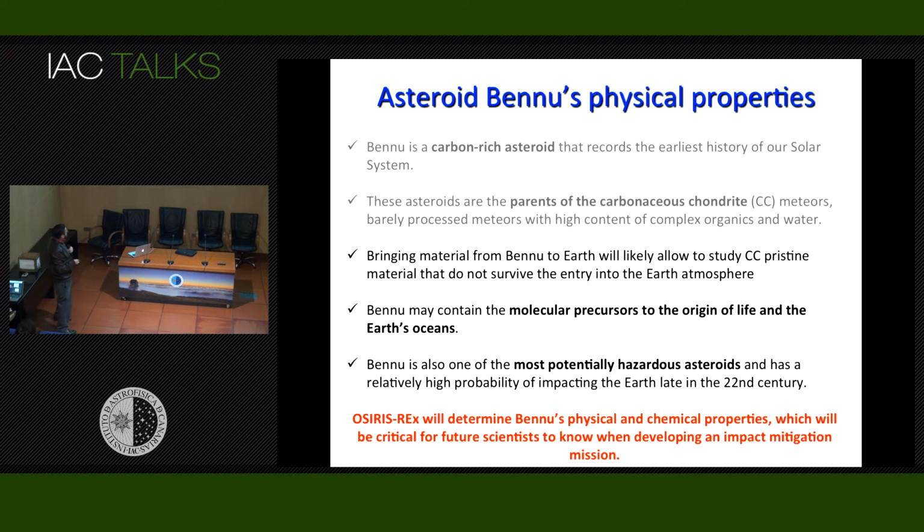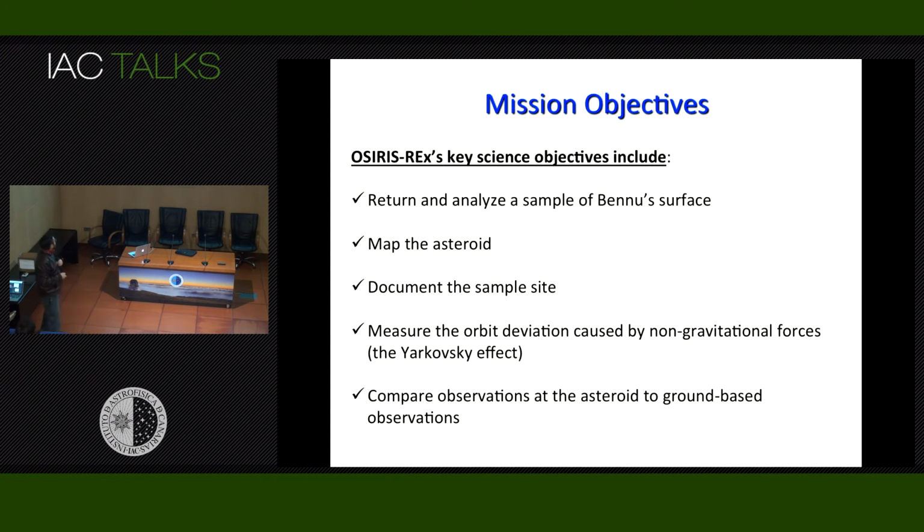OSIRIS-REx will determine the physical and chemical properties of Bennu, which is critical to plan missions to develop any kind of impact mitigation, or the destruction or deviation of the orbit of a Bennu-like object.